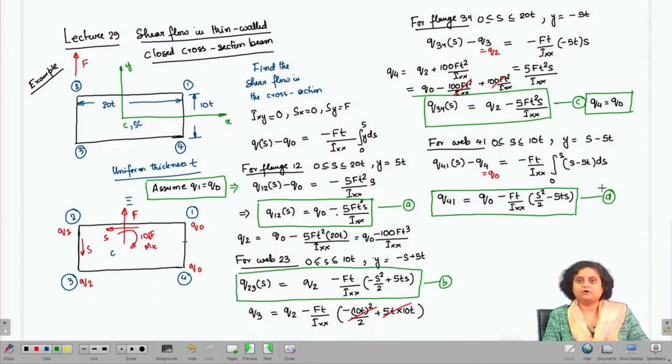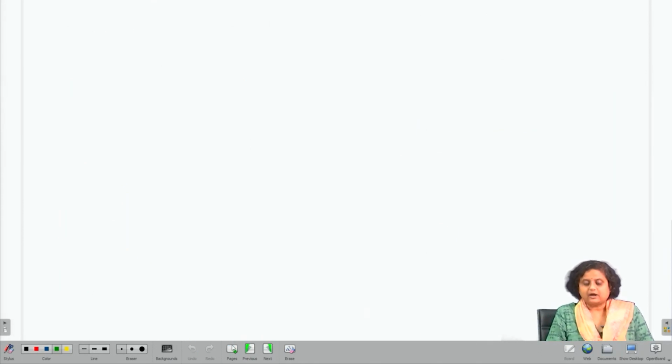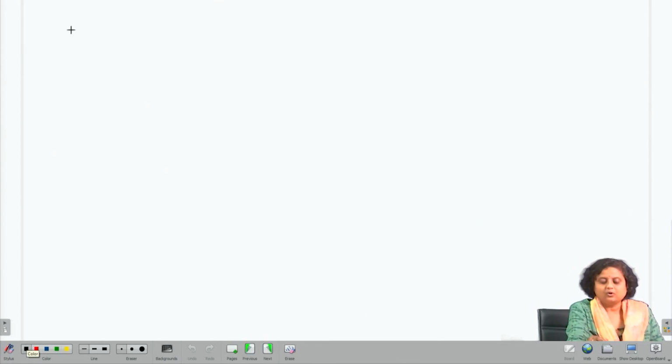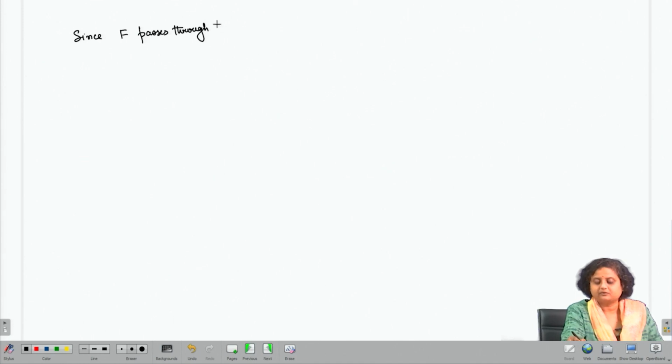Now, from these 4 equations, we have to evaluate Q0. So, now let us do the same thing. So, since F passes through the shear center, basically this.